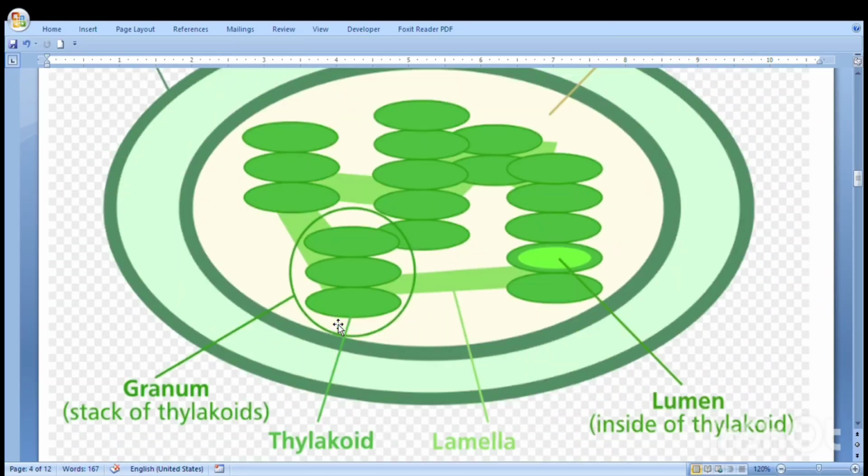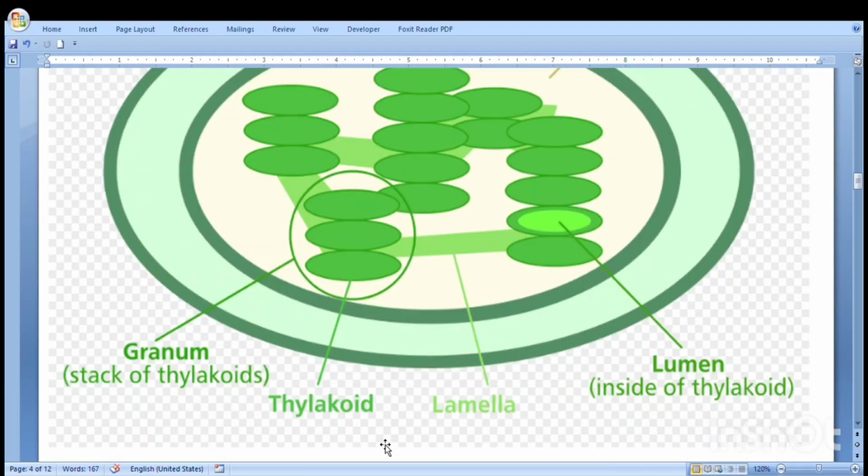Next come to another part, that is the thylakoid. This thylakoid is flat, and you observe this green color area, green circle-like, oval-like structures present. This is considered as a thylakoid.